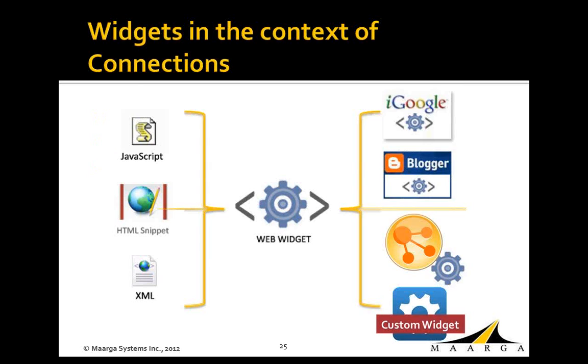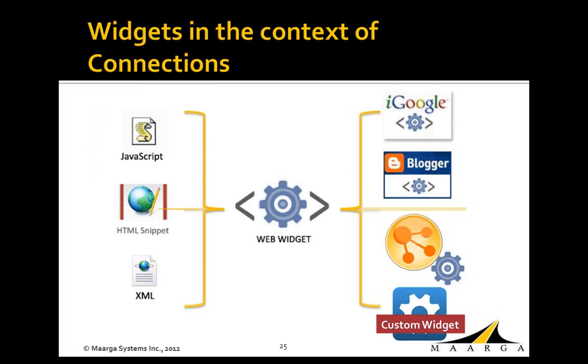So in the context of Connections, what exactly is a widget? It's a combination of HTML, XML, and JavaScript together creating the functionality that is provided. It is not necessary that all of this is on your server. You could be connecting to a service outside.